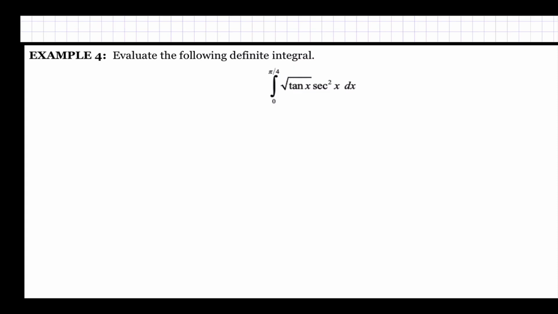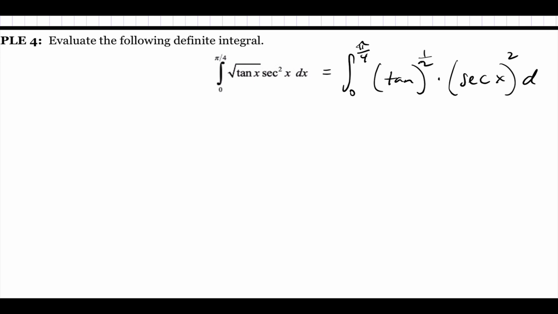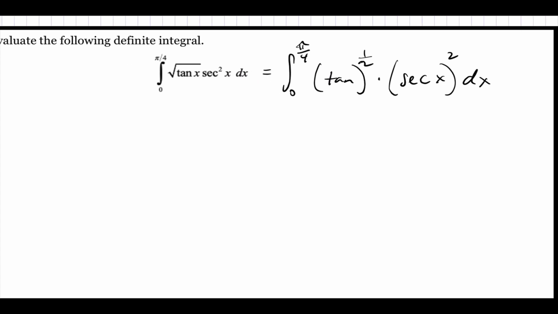Okay, so let me rewrite this first. Tangent is to the 1/2 power, because it's the square root of tangent, and then secant is squared.